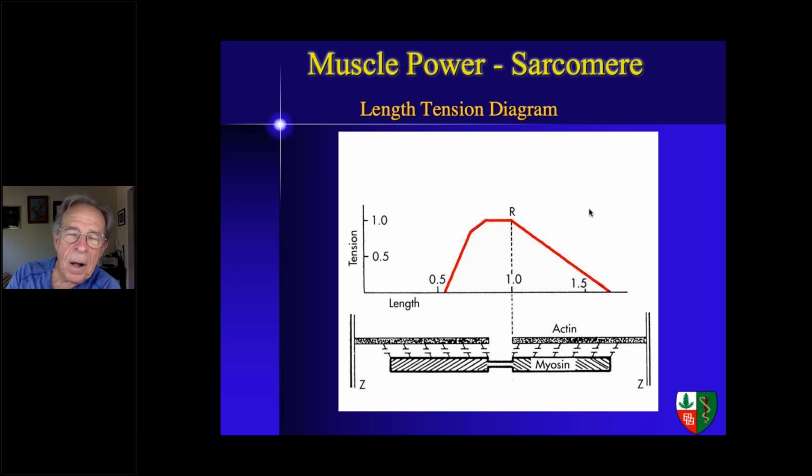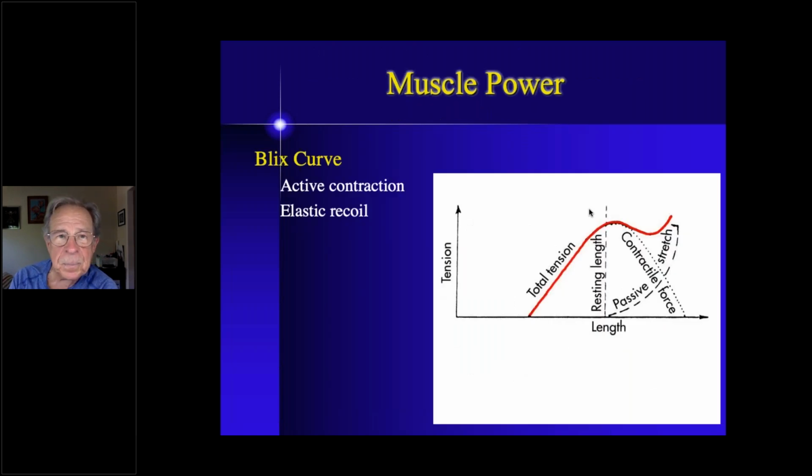So if we put together all the sarcomeres into a muscle, we can come up with a tension curve. And this is the curve that was developed by Sir Magnus Blix. And it adds the active contraction of the muscle with its elastic recoil to create this total tension.